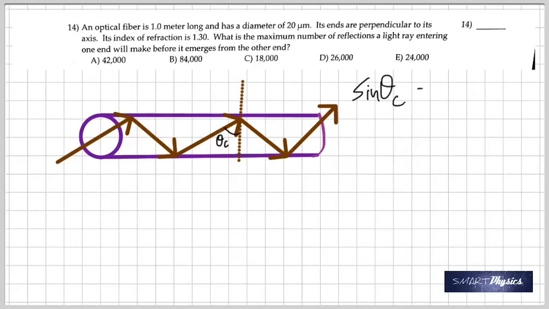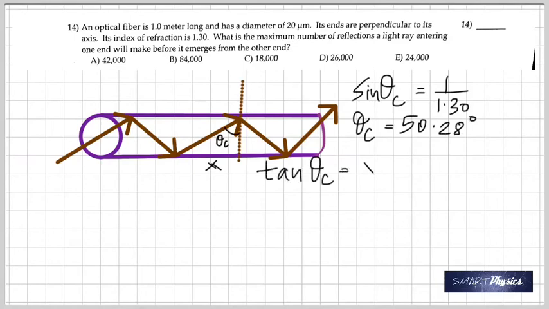Okay, so if you get that angle, because you know that the angle of incidence must be greater than the critical angle for it to remain inside the optic fiber. So first find the critical angle, which will be 50.28 degrees.